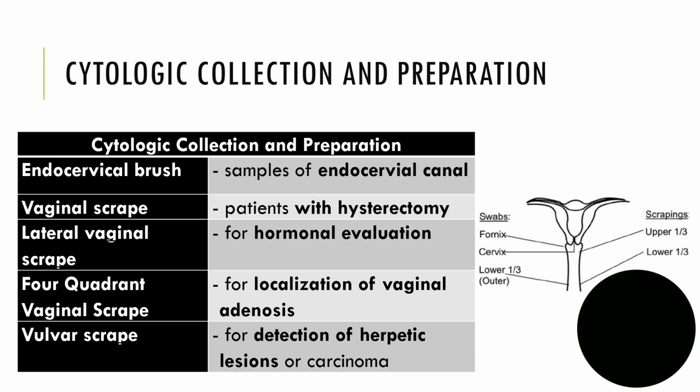Sampling all four quadrants ensures comprehensive coverage. The vulvar scrape is used for the detection of herpetic lesions or vulvar carcinoma. The cells are scraped directly from the vulvar surface.